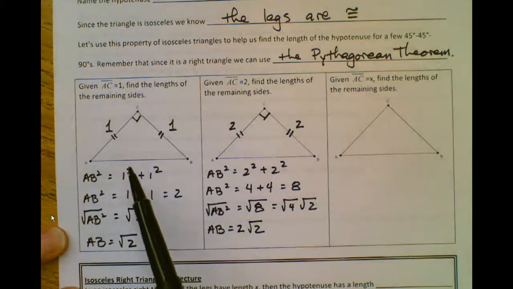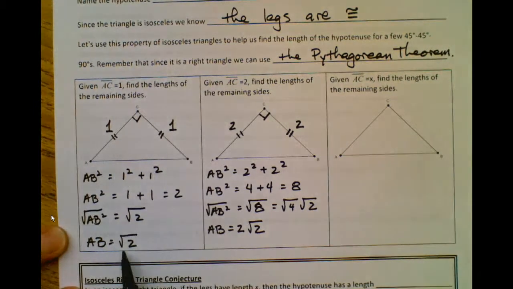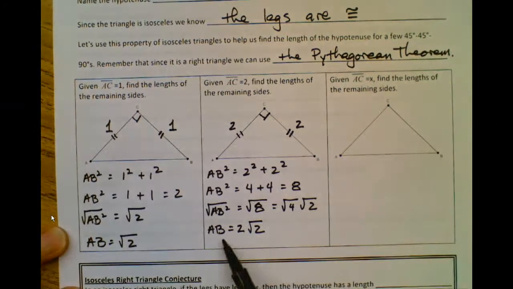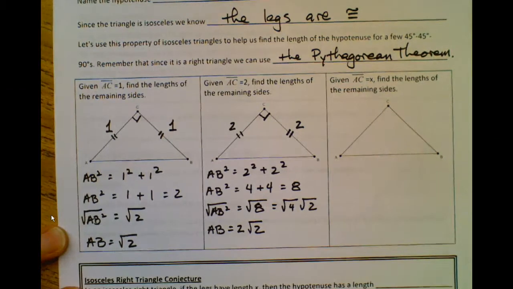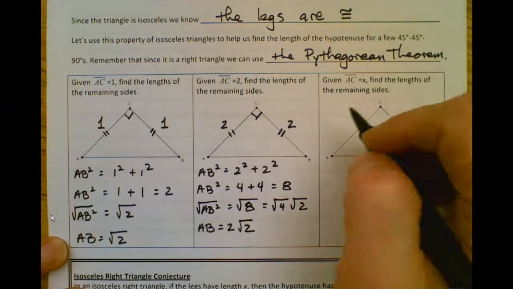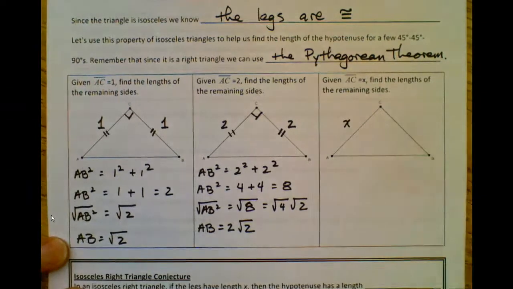So when the side lengths were 1, the hypotenuse turned out to be the square root of 2. When the side lengths were 2, the hypotenuse turned out to be 2 root 2. So hopefully you're seeing a pattern here. Now let's look at it in general terms. Let's say that AC was x. So we're going to let that be x.